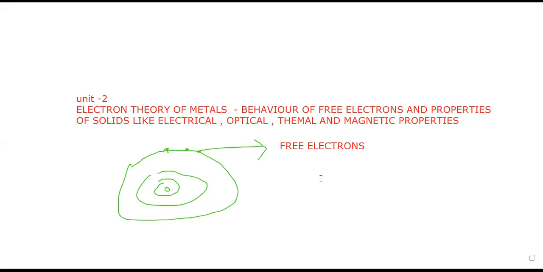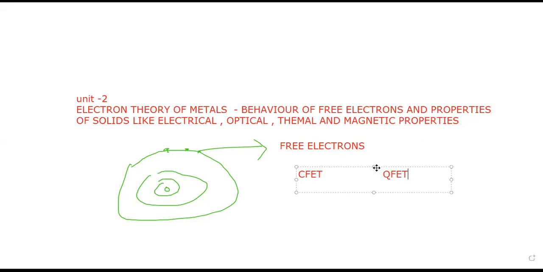To study the behavior of free electrons, our scientists introduced two theories. Already we discussed in the previous class the two theories. One is the classical free electron theory, and another one is the quantum free electron theory, CFET and QFET.